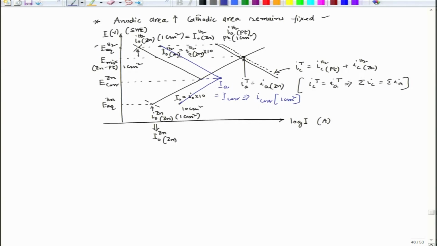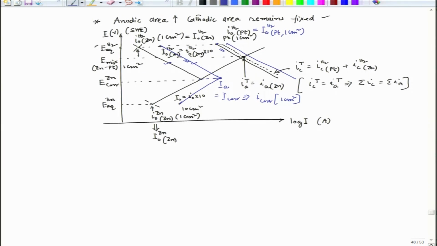Now, when we talk about platinum, this point will not change, this would remain as I0 hydrogen over platinum 1 centimeter square. But now we have to add this line and this line. If we add them, it comes, let us say, here, because this point has shifted after considering the capital I. So it will also shift a little bit, and come like this.